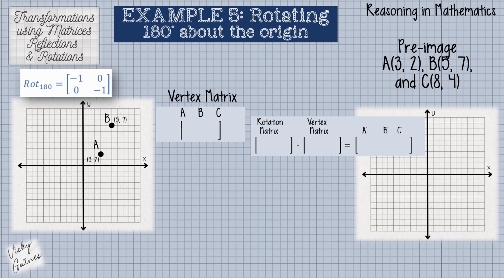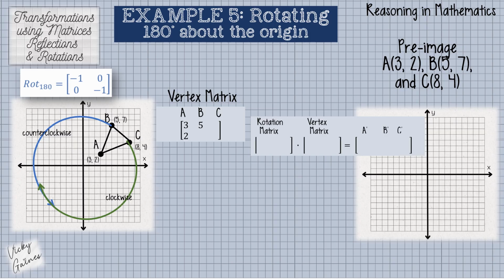There is A, B, and C. The pre-image coordinates are listed in the top right. Counterclockwise is going in that direction, and that's moving B to where it's going to end up. We could also go clockwise, and I did it from C, so that is where C is going to end up. Let's see, vertex matrix.